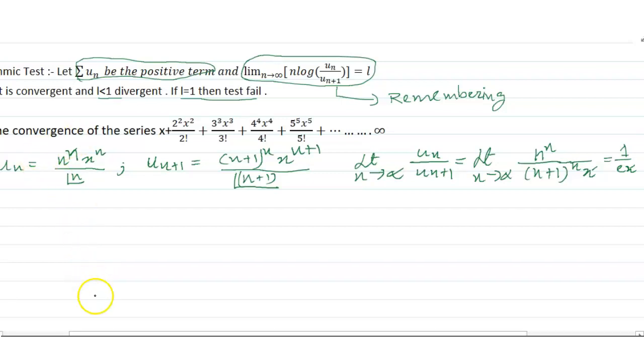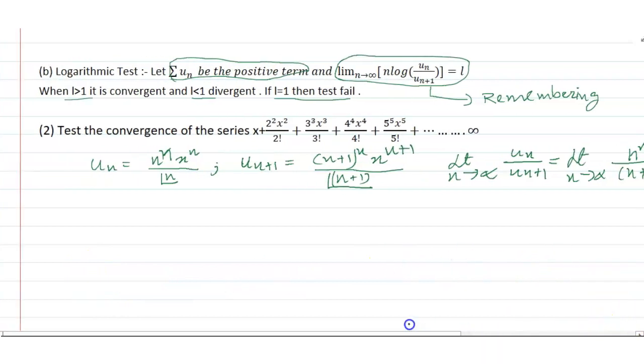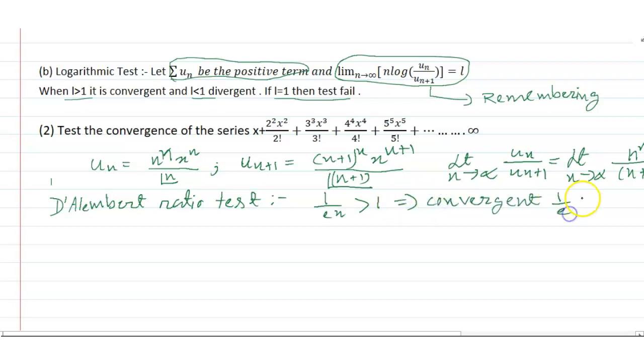Now the D'Alembert ratio test. Whatever you see, if 1 by ex is greater than 1, then that implies convergent. So friends, 1 by e less than x, that I get.